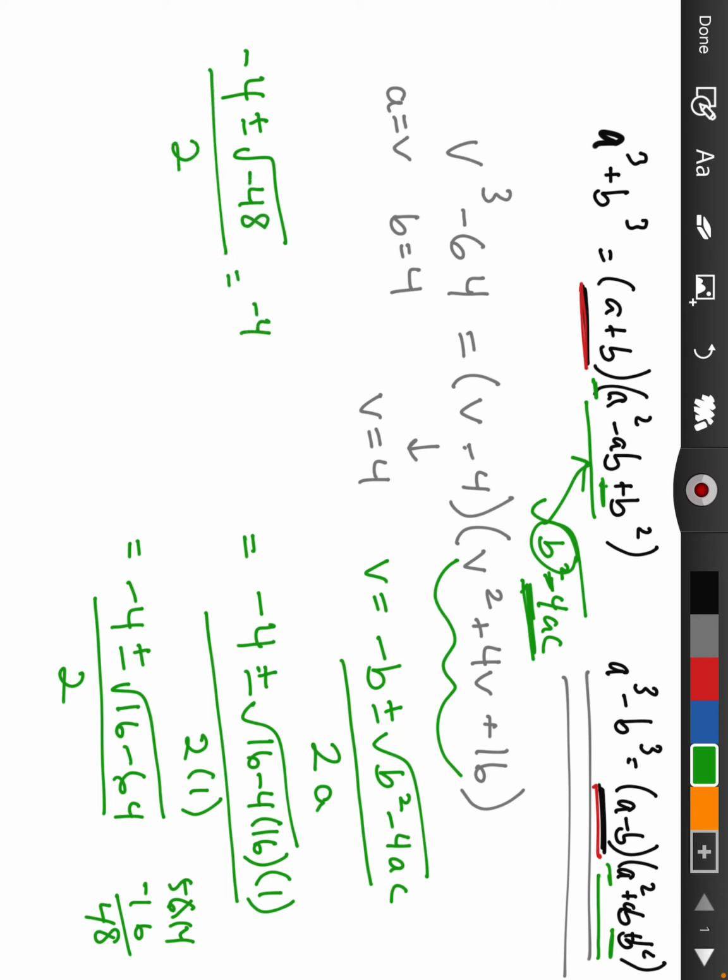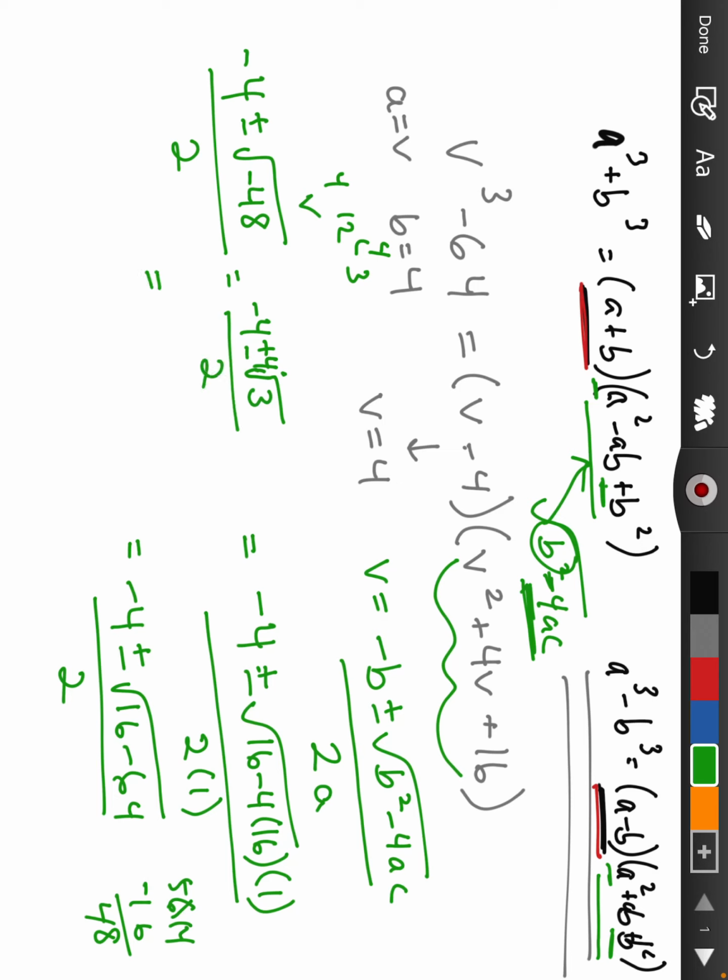So negative 4 plus or minus, all right, 48 is 4 times 12, and 12 is 4 times 3, so this is going to be 4i, because that's the negative part, and then in the square root is 3, divided by 2.